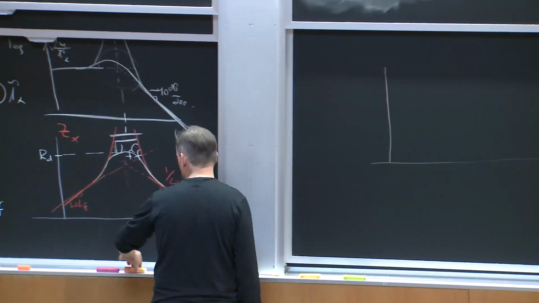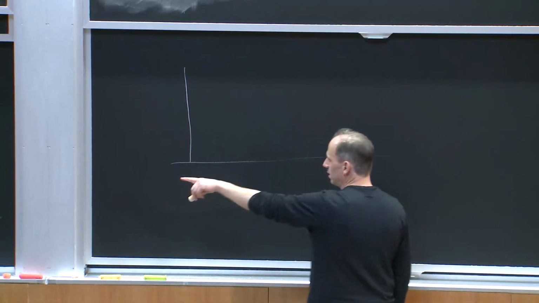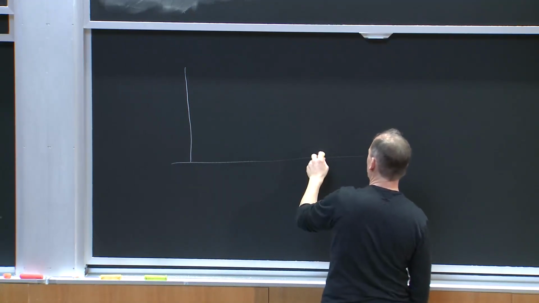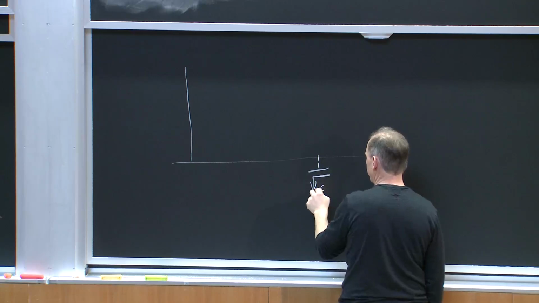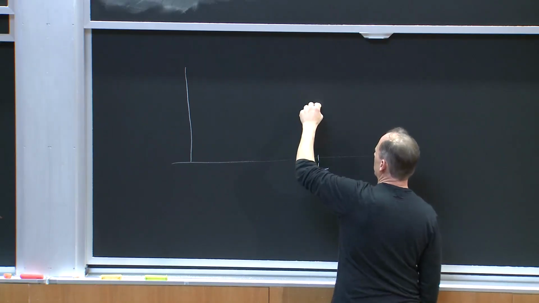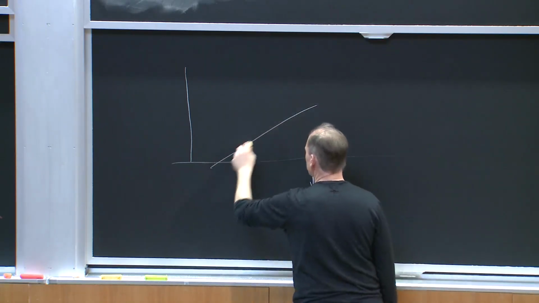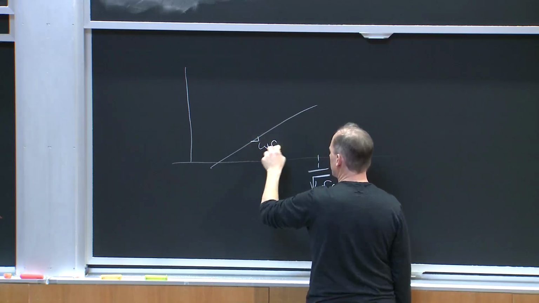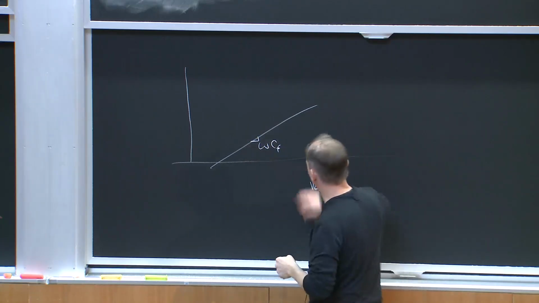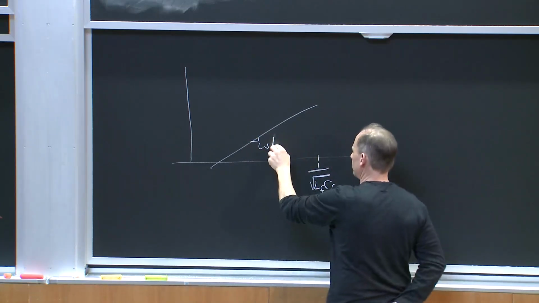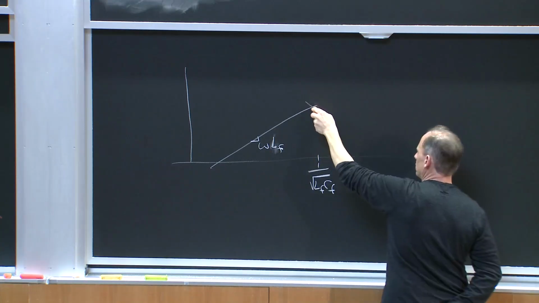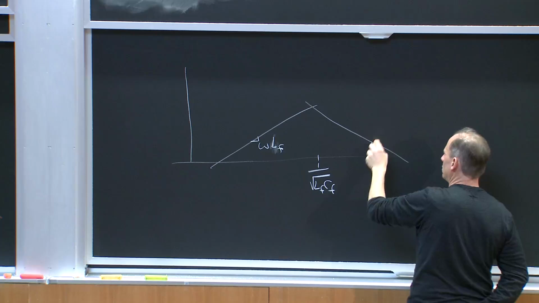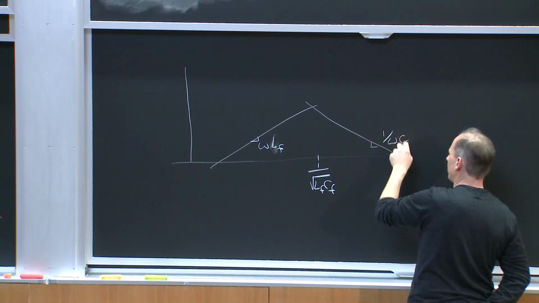But let's think about this. In the undamped case, what would I have seen? I would have seen something like this, 1 over the square root of LF CF. This is omega LF, oops, I'm sorry, this is omega LF, and then this is 1 over omega CF.